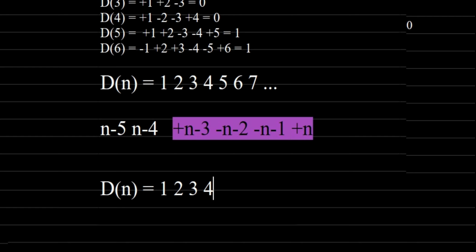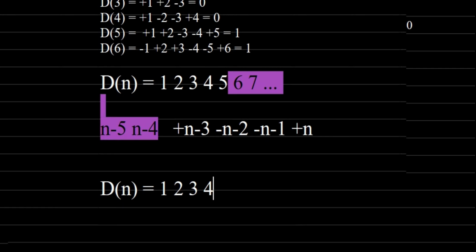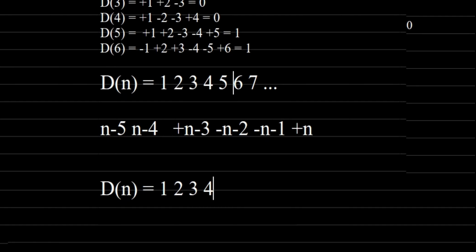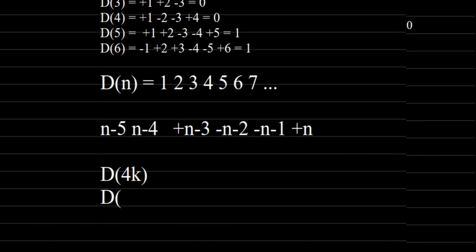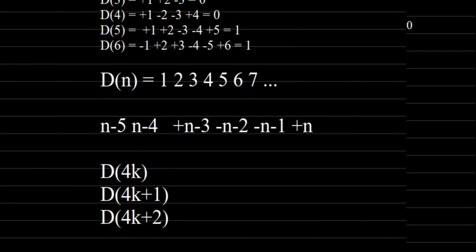So we can observe that if we pair these into groups of 4, we are left with a few numbers at the front. This is a good hint to classify these into 4 kinds: d of 4k, d of 4k plus 1, d of 4k plus 2, d of 4k plus 3.